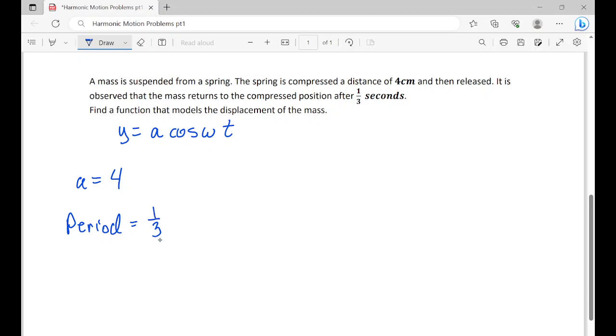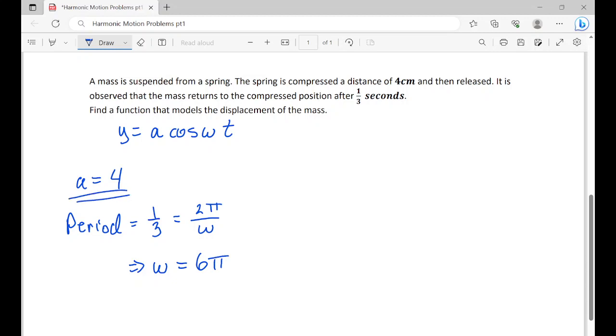And we find the period by doing 2 pi over omega. And I need omega, so all I need to do is just solve for it. So multiply omega over here, multiply the 3 over here, and I'm going to end up getting omega equals 6 pi.